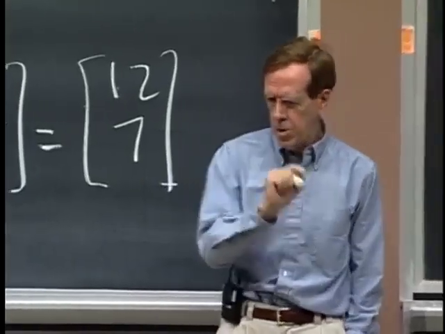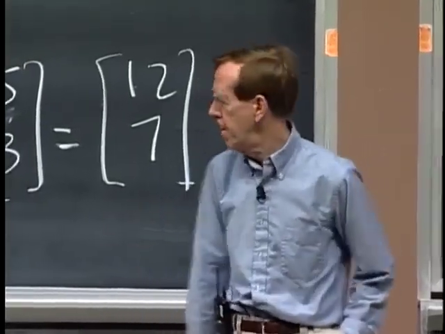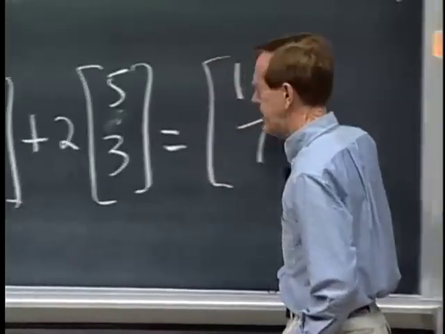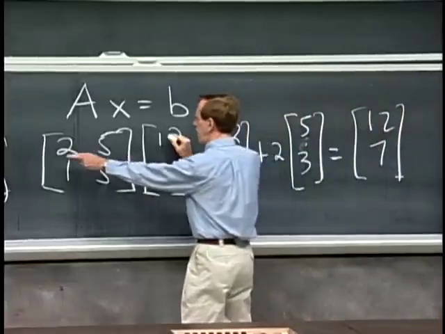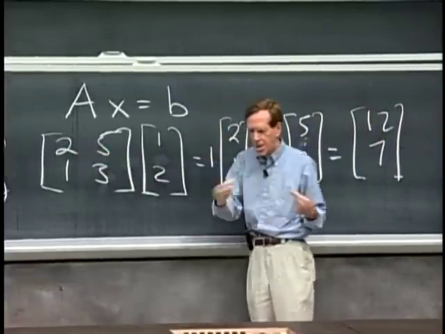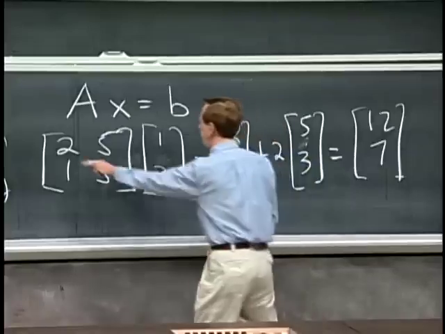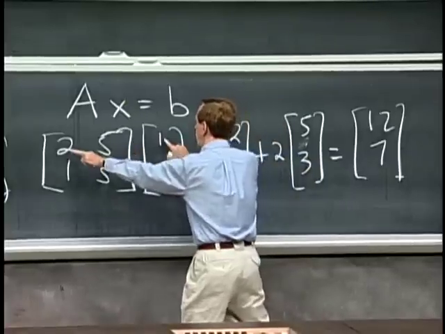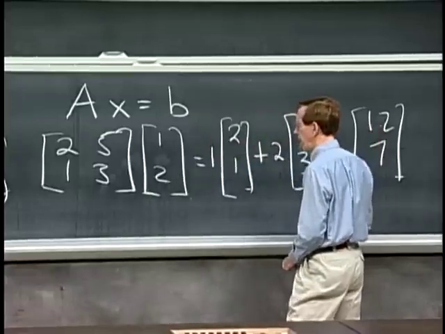Now, you could do that another way. You could do it a row at a time, and you would get this 12, and actually I pretty much did it this way. I could take that row times my vector. This is the idea of a dot product. This vector times this vector: 2 times 1 plus 5 times 2 is the 12.